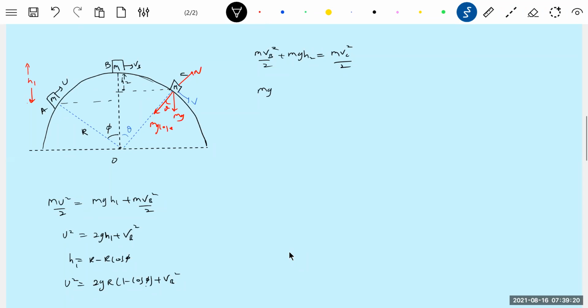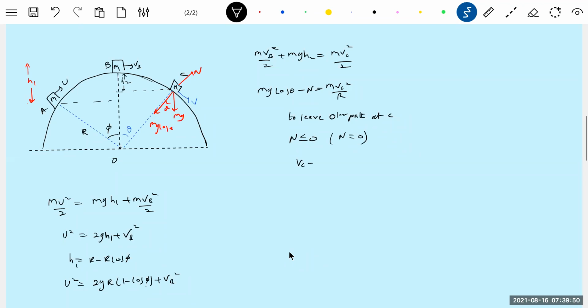What are the equations? mg cos theta minus N equal to m v square by r. To leave the circular path at C, what is the condition? N should be less than or equal to 0. Or N must be equal to 0, I'll take that as the condition.